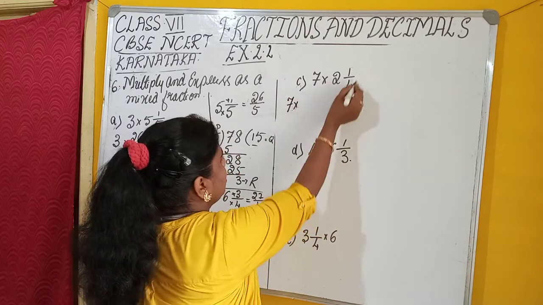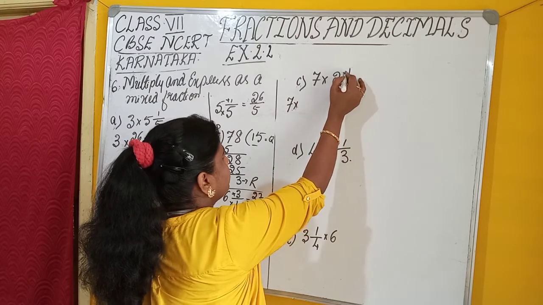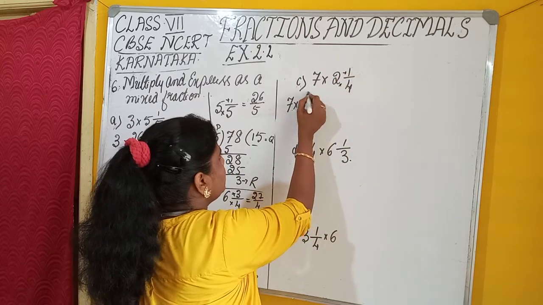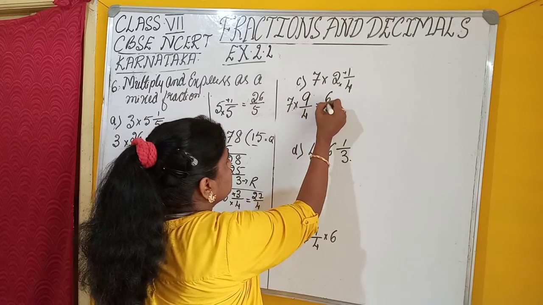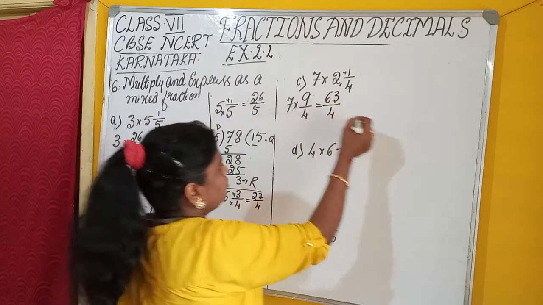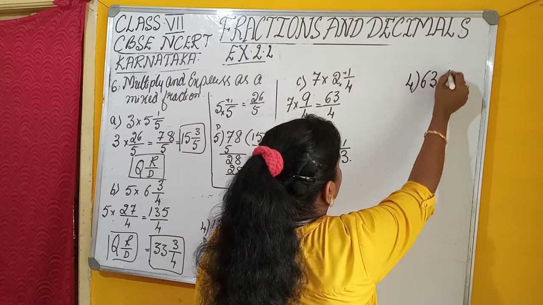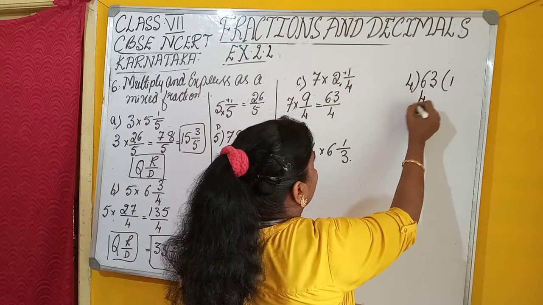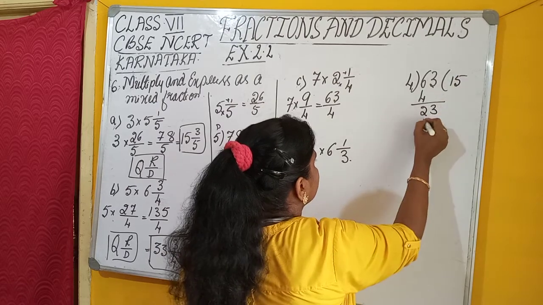Next 7 into 2 1 by 4. Now convert it into improper. 4 2s are 8, 8 plus 1 is 9 by 4. 9 7s are 63 by 4. Now convert it into mixed fraction. 4 1s are 4, 23, 4 5s are 20.